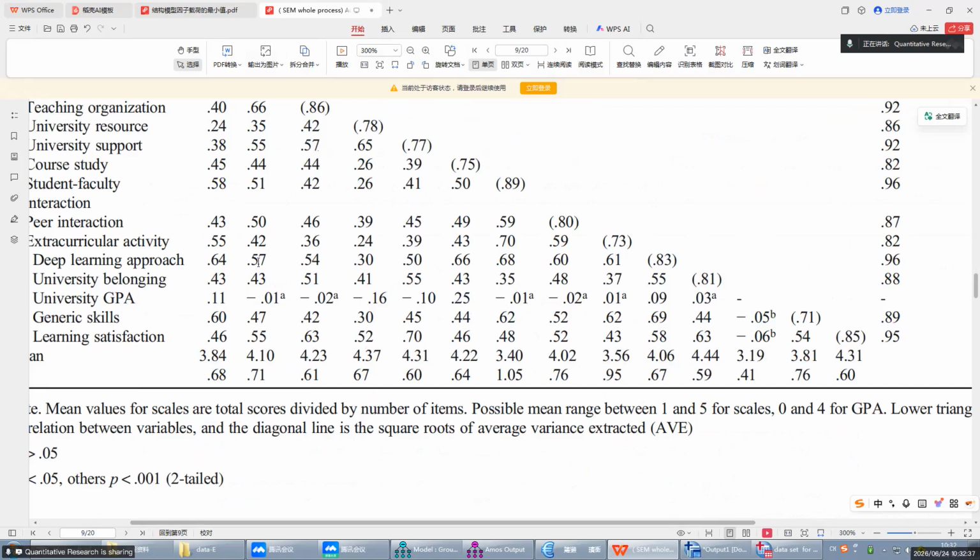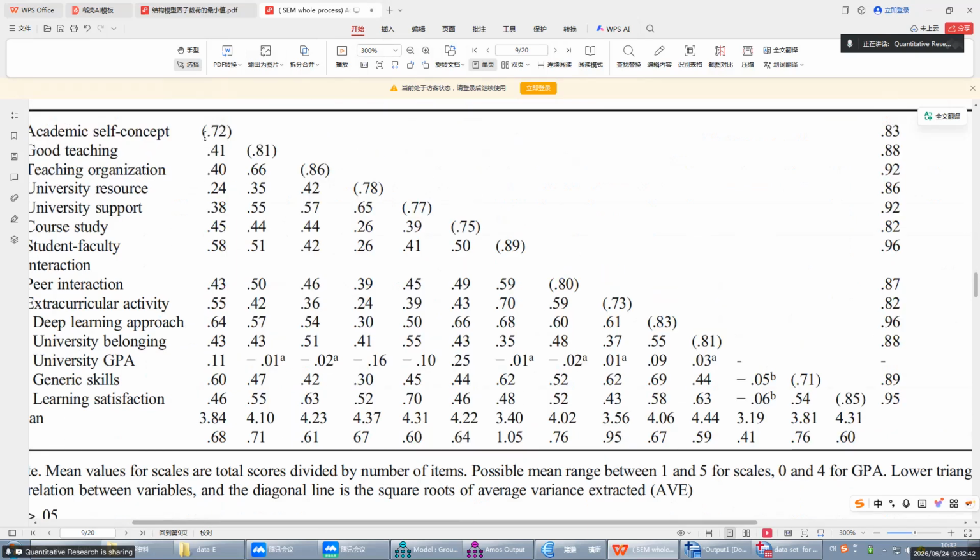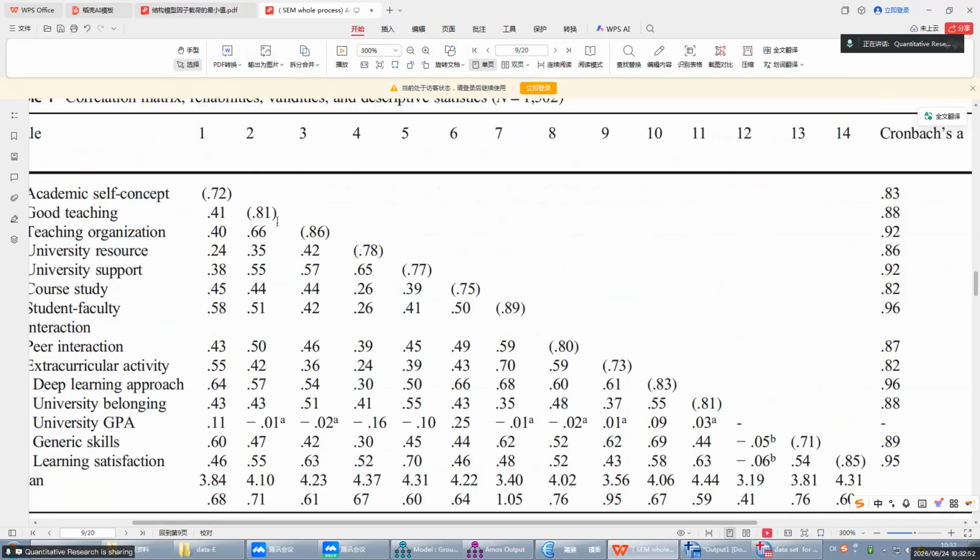Correlation. Good. Can you tell me? Try to guess. What is the value in the bracket? Normally, this value should be 1, right? Because this is the correlation between the same variables. Normally it should be 1, but here there is a value in the bracket, not 1. Can you take a guess? What is this value?